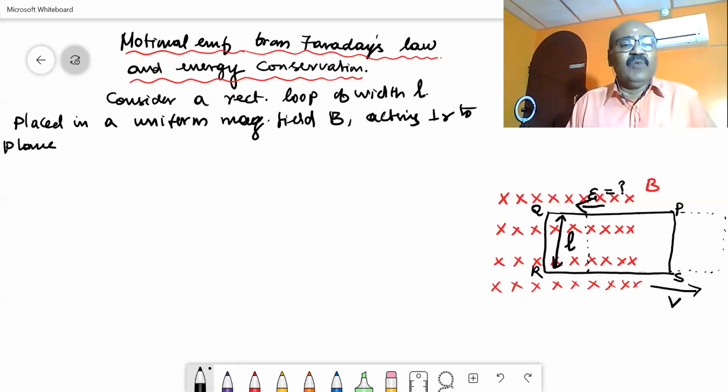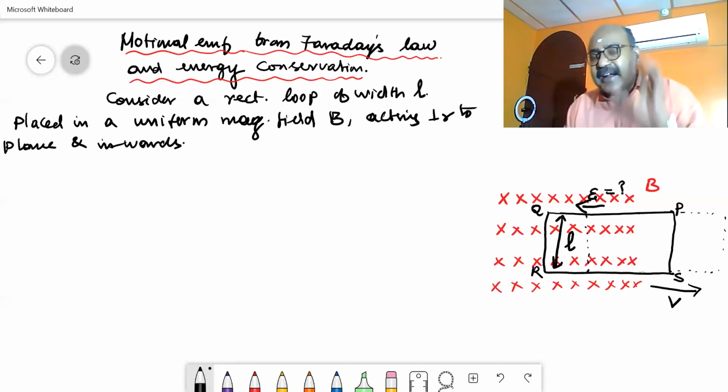So this is a small description regarding the diagram.